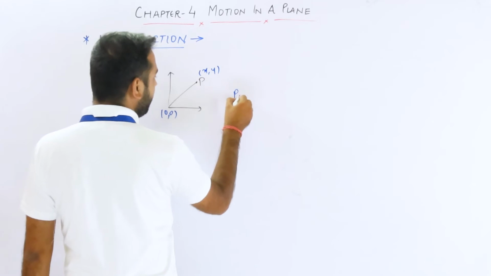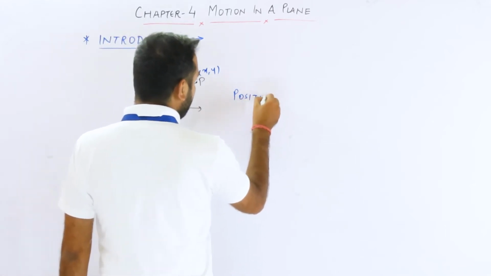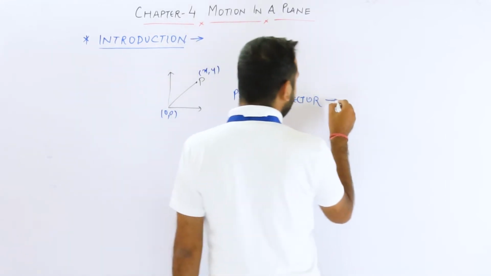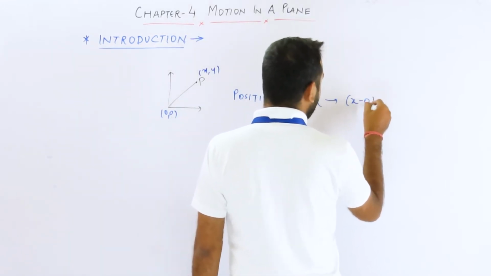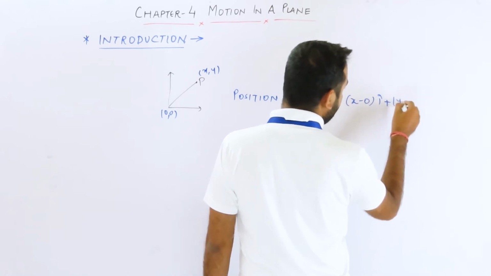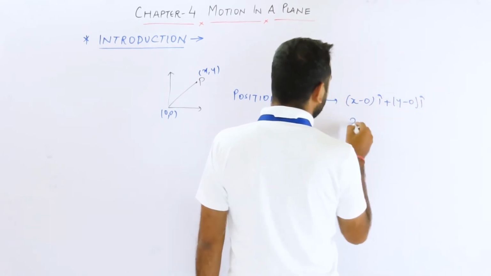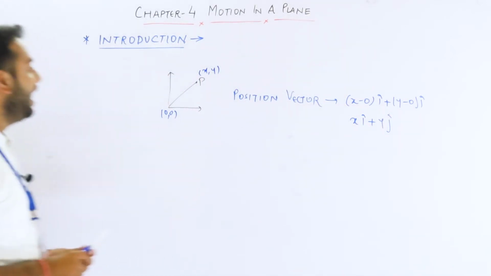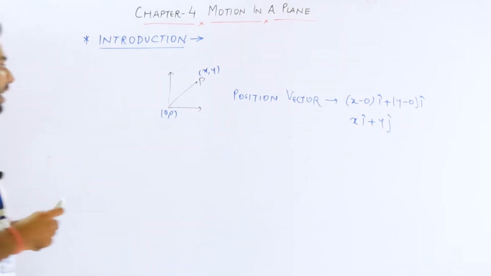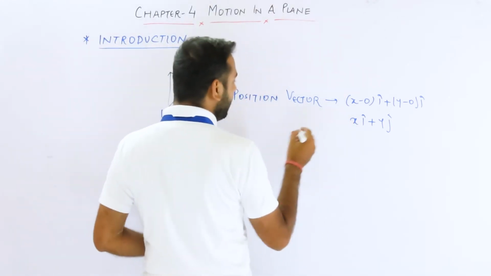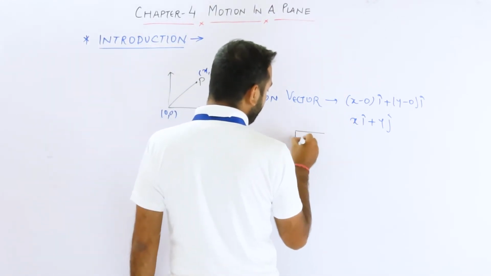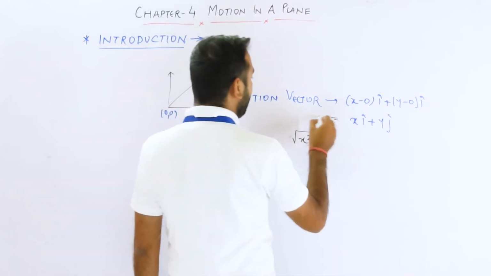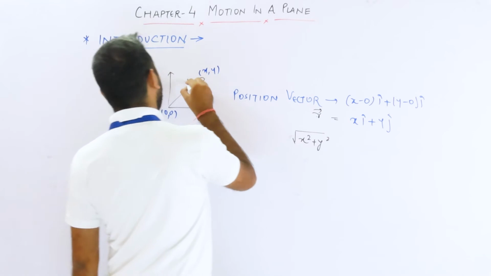So the position vector is simply (x minus 0) i cap plus (y minus 0) j cap, so x i cap plus y j cap, with component x in the x direction and component y in the y direction. The magnitude of this vector is the square root of x squared plus y squared. Let's say this is vector r, the position vector.